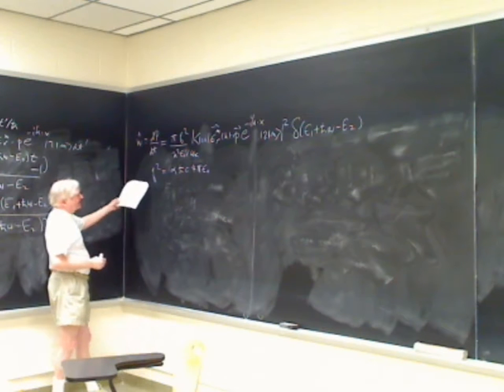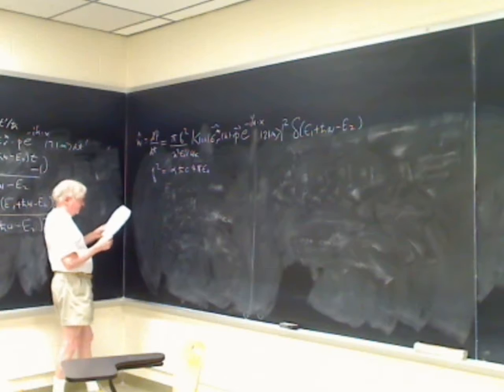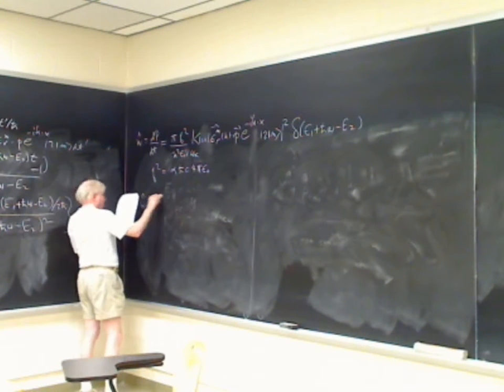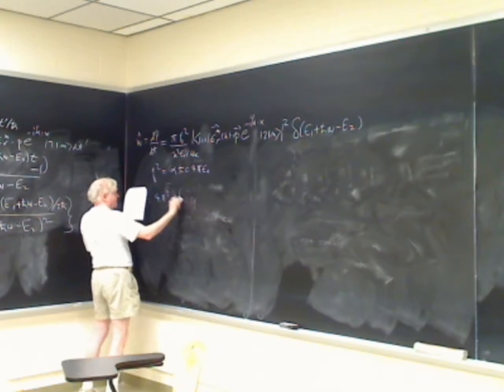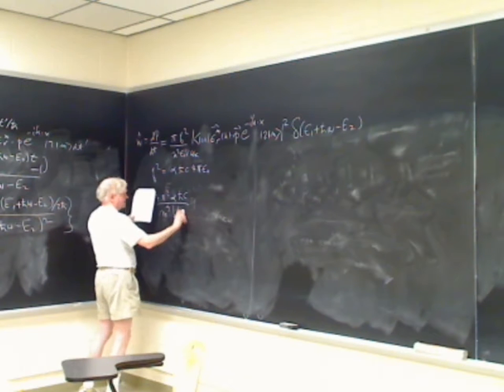We were in SI units, but it sort of keeps us there. Anyway, so W hat then is 4 pi squared alpha h bar c over m squared v omega k.